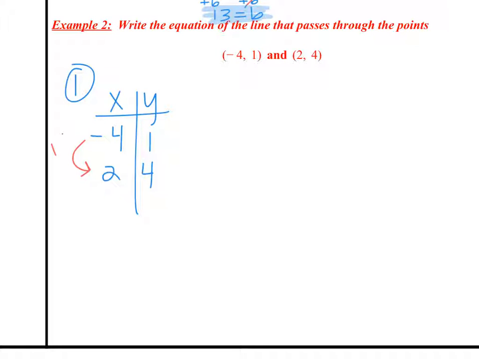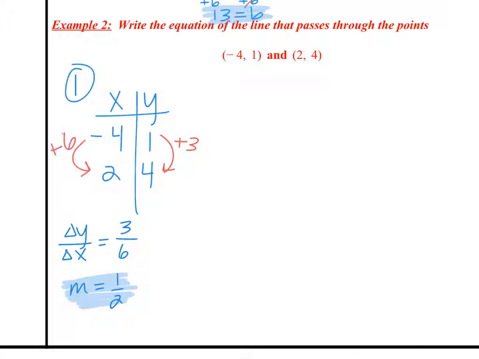Plus 6. How about from 1 to 4? Plus 3. You gotta make sure you put change in y over change in x. It would be 3 over 6. What does that simplify to? 1/2. M is 1/2.